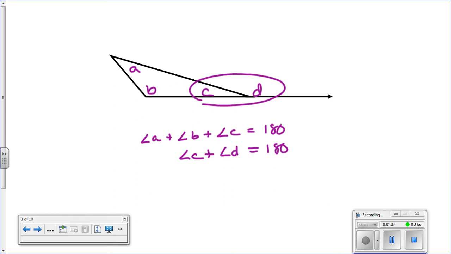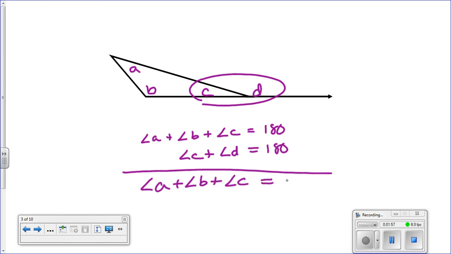Now watch how cool this is. I can use some algebra to prove this. You know that both of these statements are equal to 180. If you remember from systems of equations, because these both equal 180, then angle A plus angle B plus angle C is the same as angle C plus angle D. They're both the same.